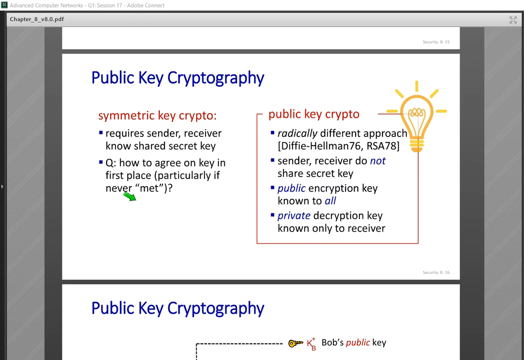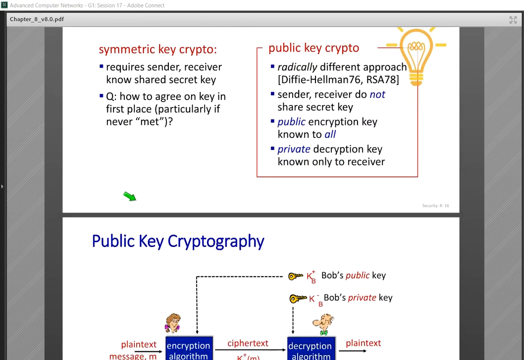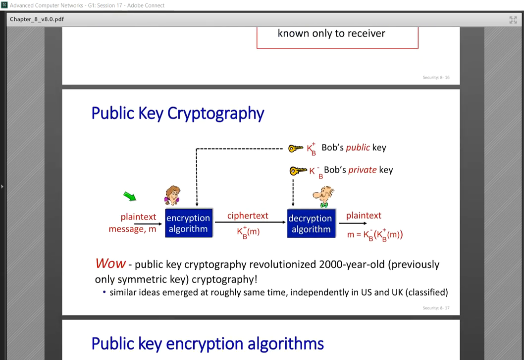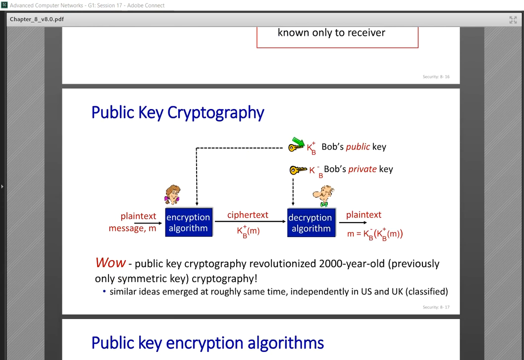Maybe someone asks me, okay, what is the benefit of using two different keys, a public and a private key? What is the difference between them? What is the point of this strategy here? Let me show you the public key cryptography here.